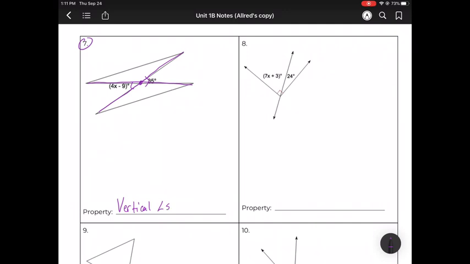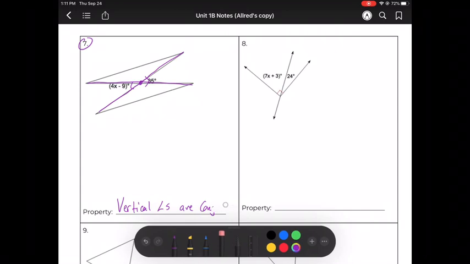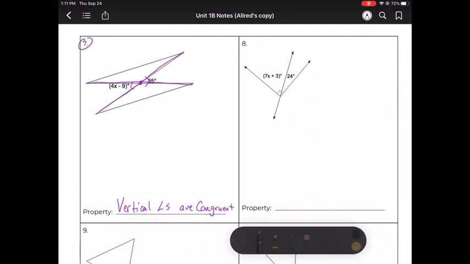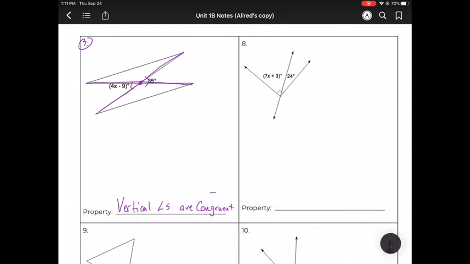And vertical angles are always congruent. Congruent, meaning they are equal to each other.